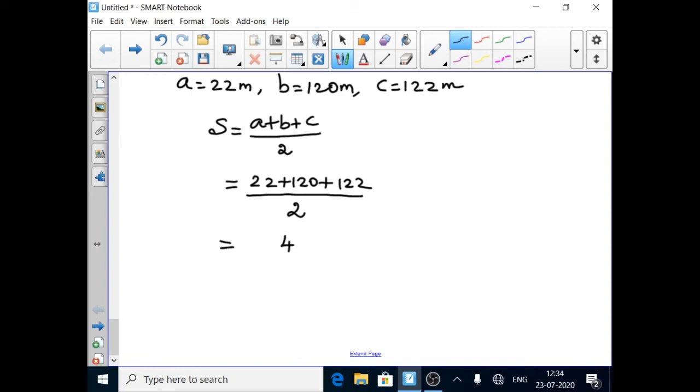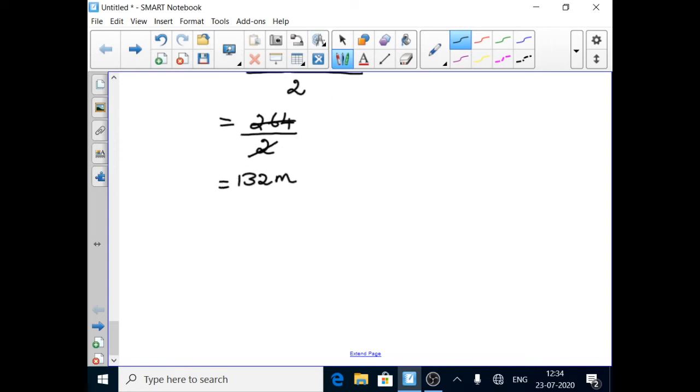Then 2, 2, 4, 6 are 6. Then 264. Okay. 264 divided by 2. If you cancel, you will get 132. So the S value is 132 meter.